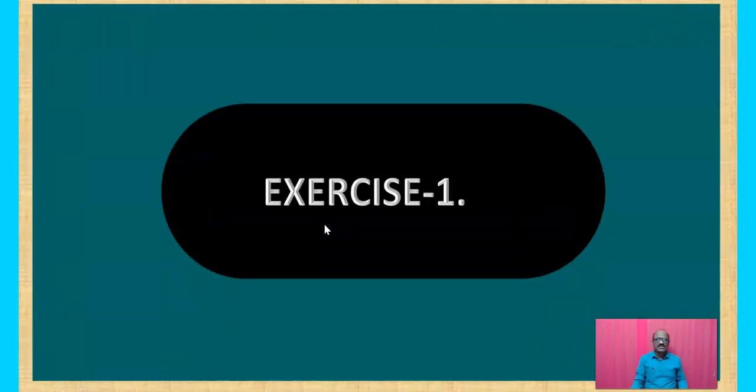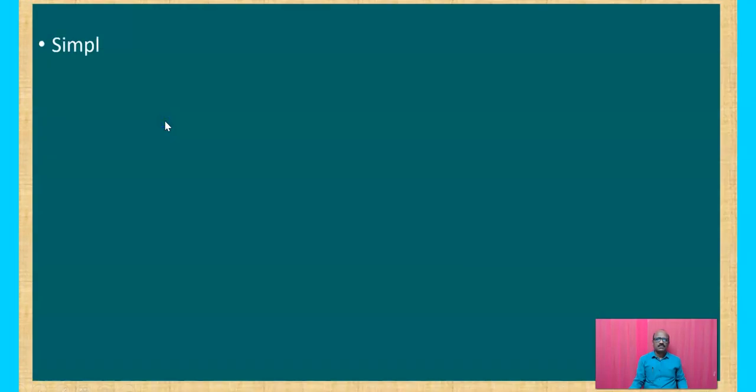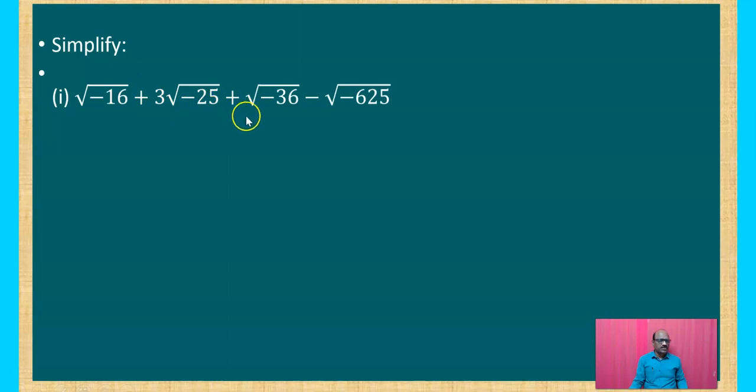Now let us start the exercise. Simplify. First, root of minus 16 plus 3 root of minus 25 plus root of minus 36 minus root of minus 625. Solution.